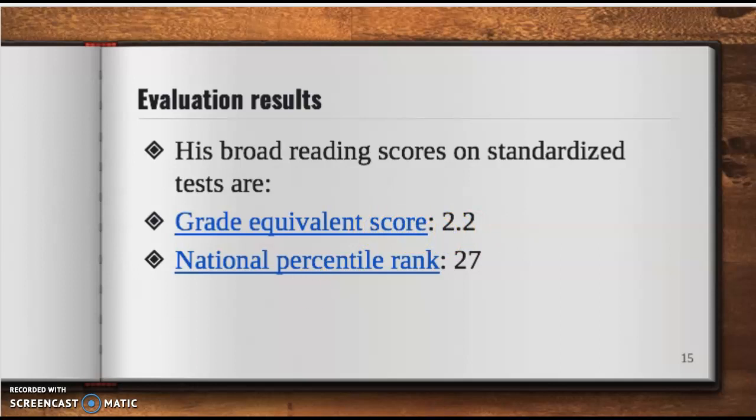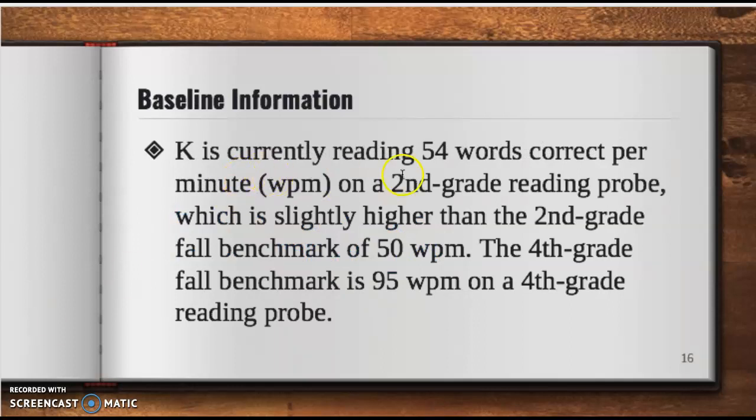So you do a reading probe, and you find out that he's currently able to read 54 words correct per minute on a second grade reading probe, which is slightly higher than a second grade fall benchmark of 50. And a fourth grader reads about 95 words per minute on a fourth grade reading probe.